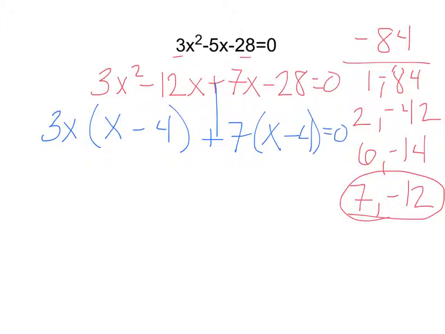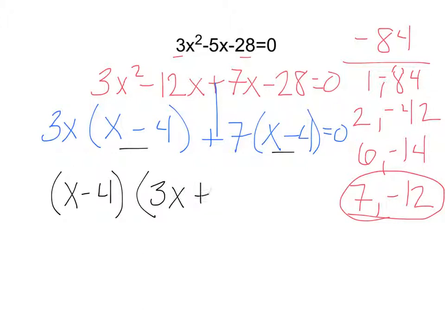Now, if you need to do this over here, for each one of 7 and 28 and 3 and 12, you can do that. If you can do it in your head, that's just fine as well. So then these two become my first parentheses, x minus 4, and my 3x plus 7 becomes my second.